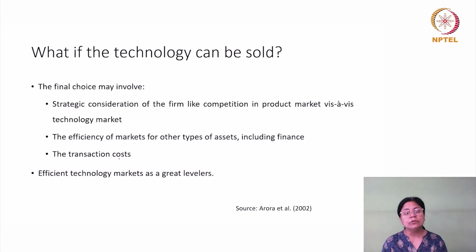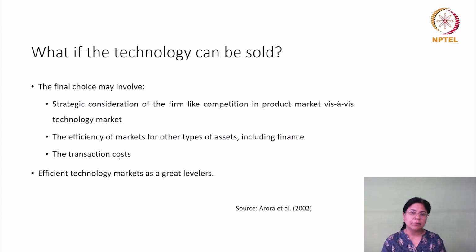So the final choice, like we said earlier, is not that they may transfer all the technologies. Some may in fact think of getting into production with a few. The final choice will depend upon the strategic considerations of the firm. For instance, what is the competition in the product market vis-a-vis the technology market?